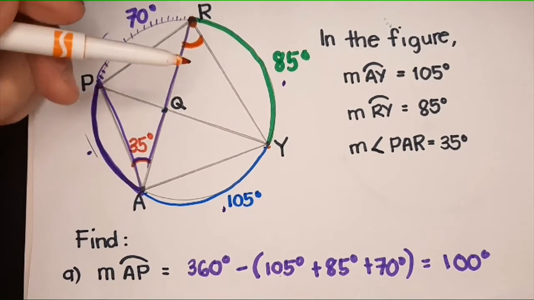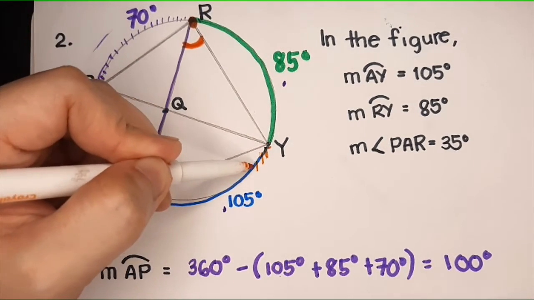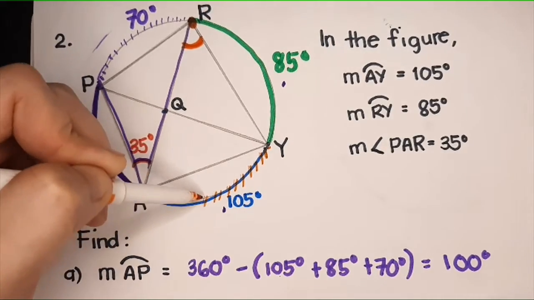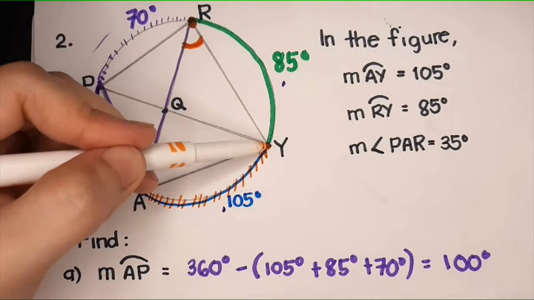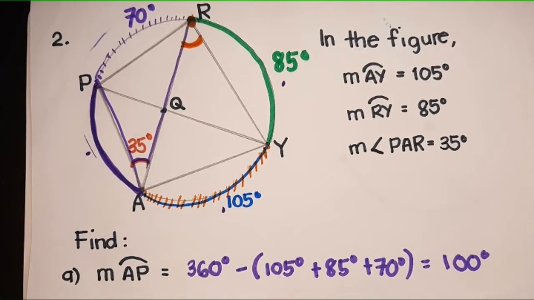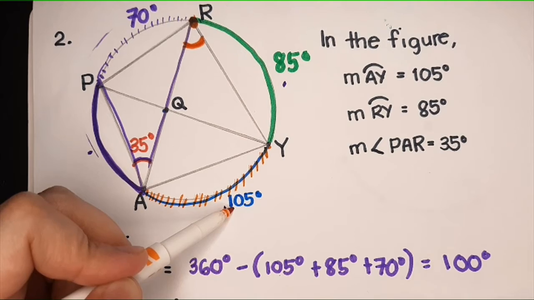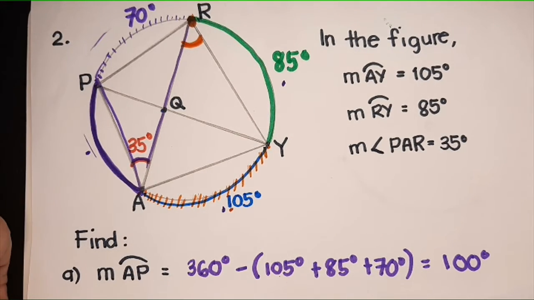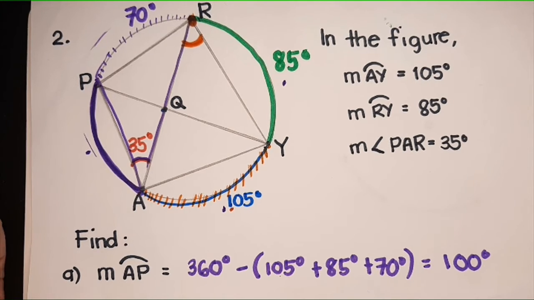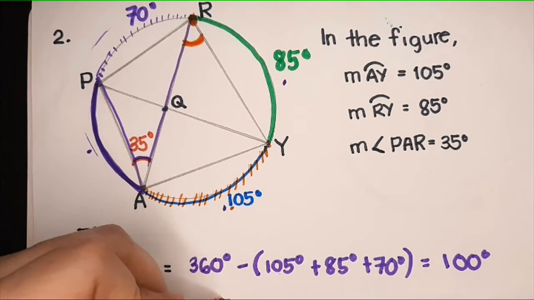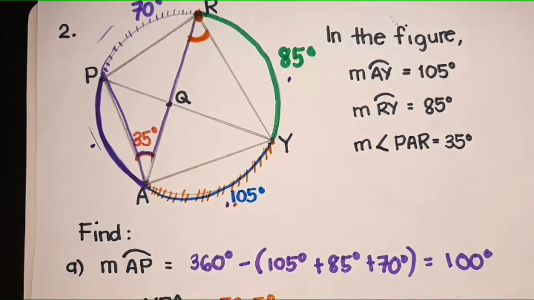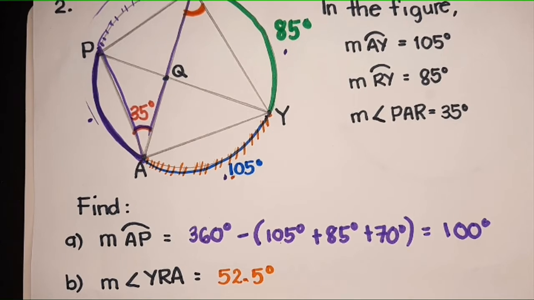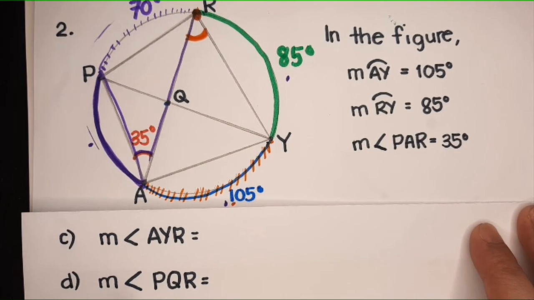And then, this is the intercepted arc of that angle. So to get the measure of angle YRA, all you have to do is to divide 105 degrees by 2. So what is the answer? It's 52.5 degrees, right? All right?